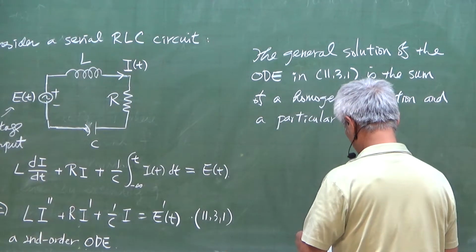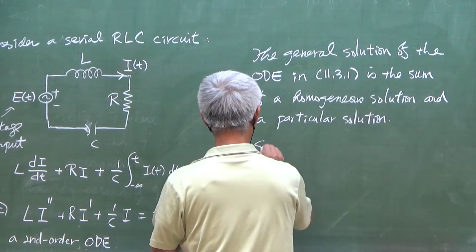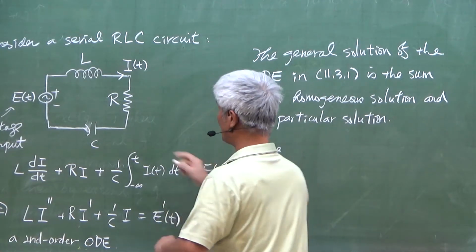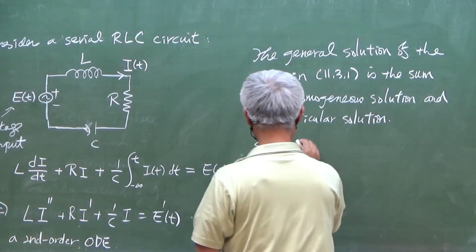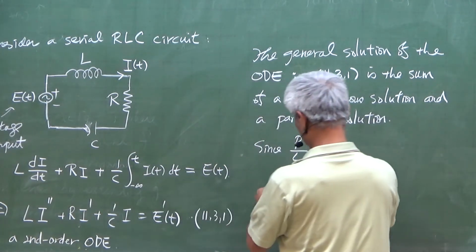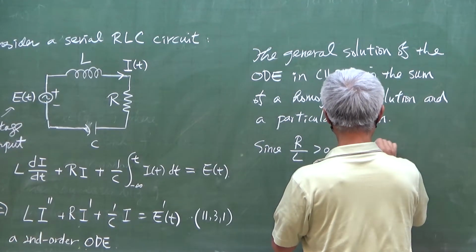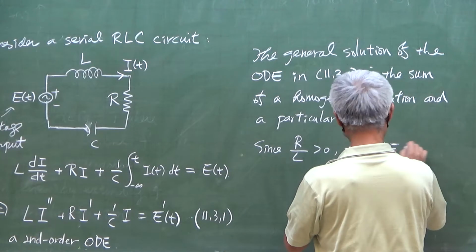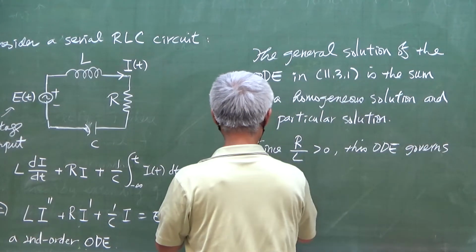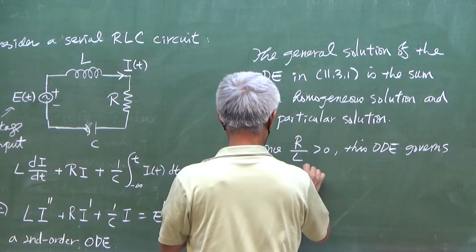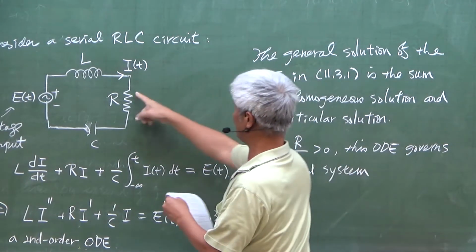Now, because L, R, C are all positive quantities, the ratio actually is positive. So this ODE governs a damped system.